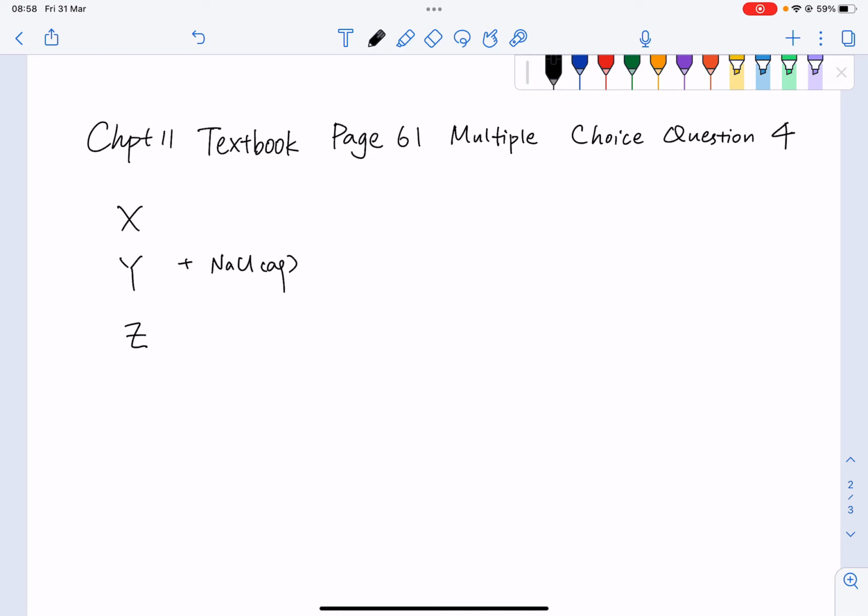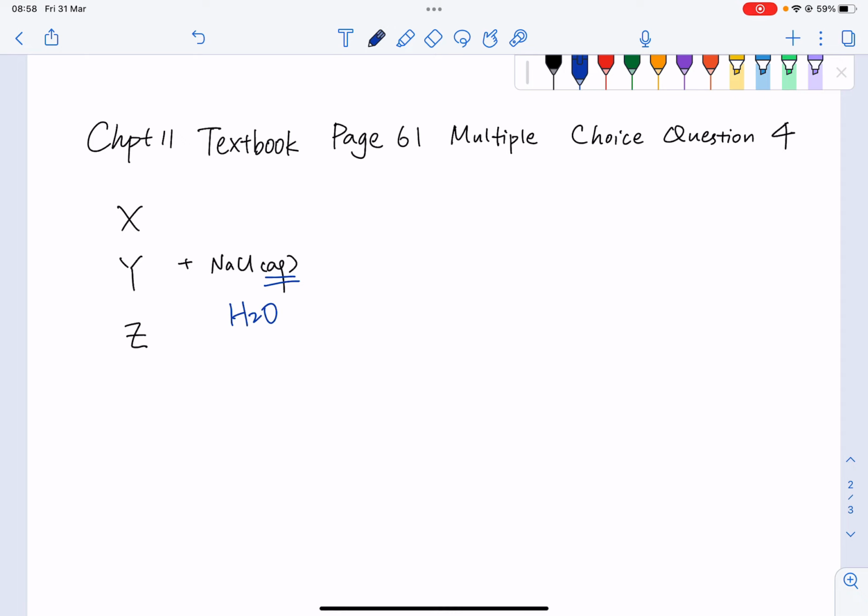So did we learn any reaction of metal reacting with NaCl? We haven't, right? So what else could also appear in NaCl aqueous? Remember, for aqueous, they will have a compound that dissolves in water. So besides NaCl, we should also have water in it, right?